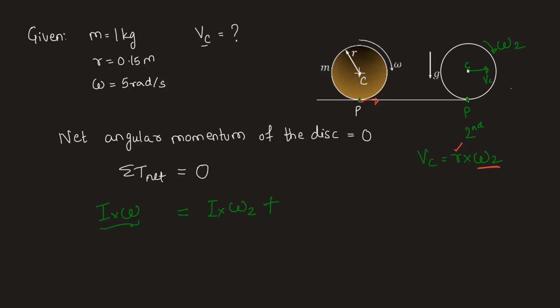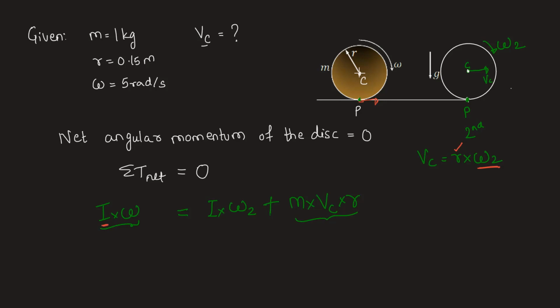There will also be angular momentum due to translational velocity of center of the disc. So if we assume that the disc is rotating and the center is translating, its final momentum can be written as I omega 2 plus mass of the disc into velocity of the center VC into R. This will give us the angular momentum.